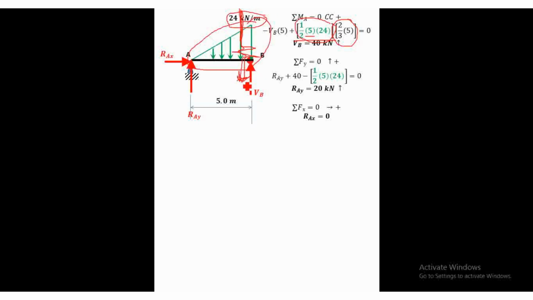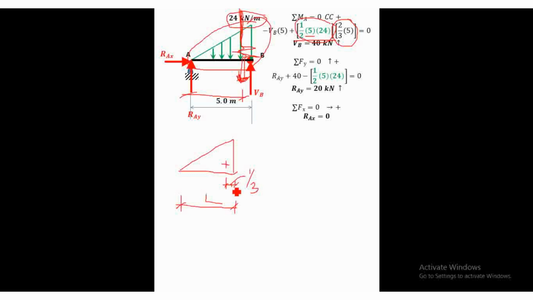Now, this distance from here to point A: when we draw a triangle, here is the centroid. From your geometry, this distance is 1/3 of, let's say, the length of your triangle.